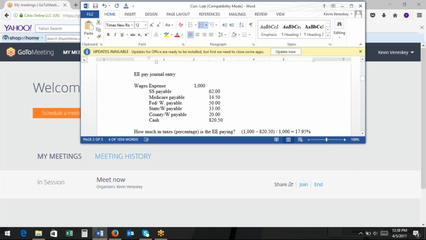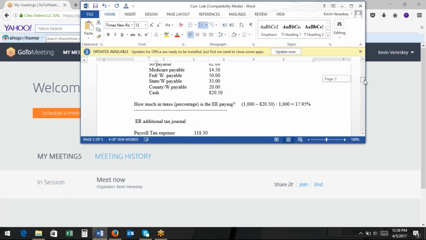And before you actually do a payroll tax expense, you're not going to know what this number is. This number is going to be a big question mark, because the number that you get, which you'll see where I got the 118.30 in just a minute, is simply by adding up all the taxes that you have to pay.